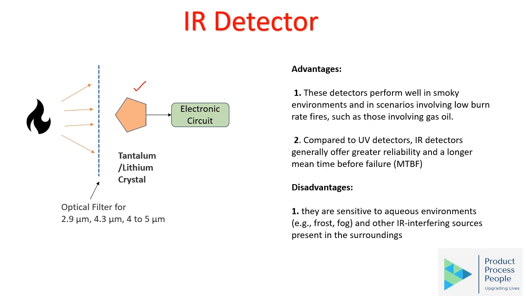An optical filter filters out spectral bands of wavelengths of 2.9 micrometer, 4.3 micrometer, and 4 to 5 micrometer. So 2.9 is specific to H2O vapor, and 4.3 to 4 to 5 micrometer are of CO2.